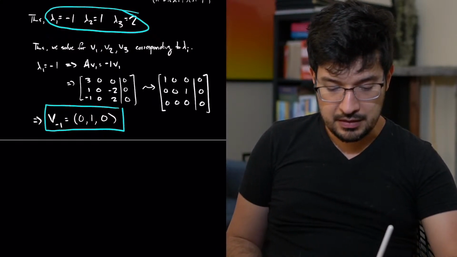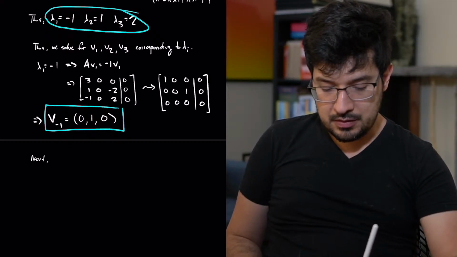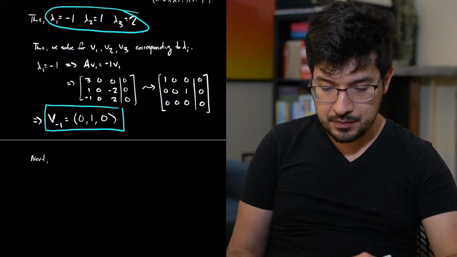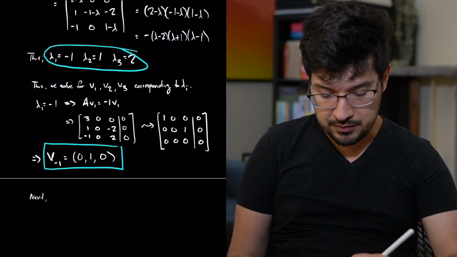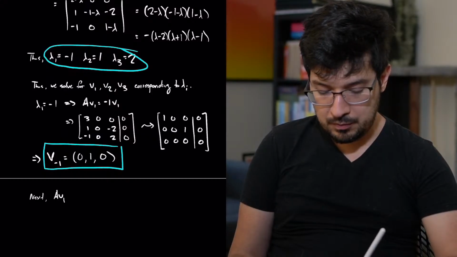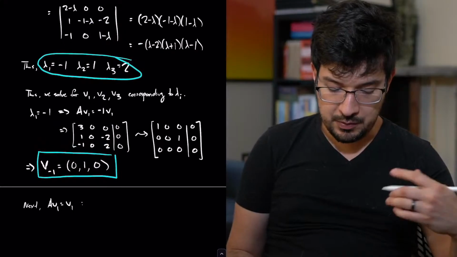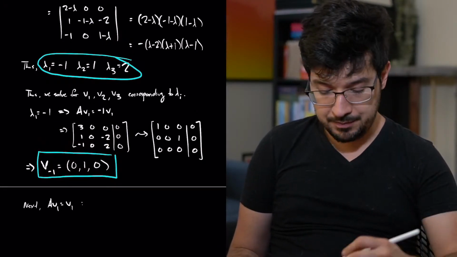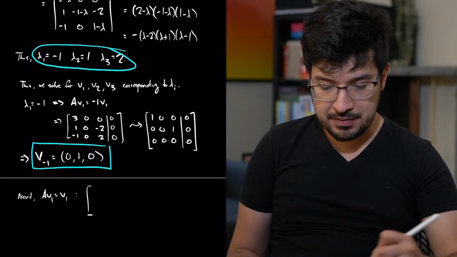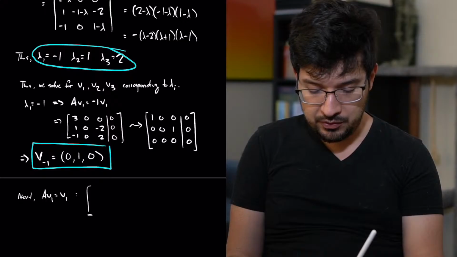So then next, the eigenvector corresponding to +1. A V1 equals V1. Then we solve the same type of system of equations. 2 minus 1.